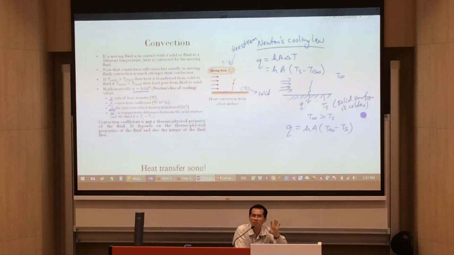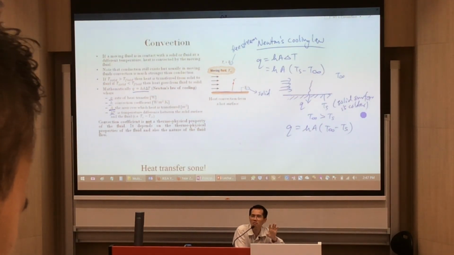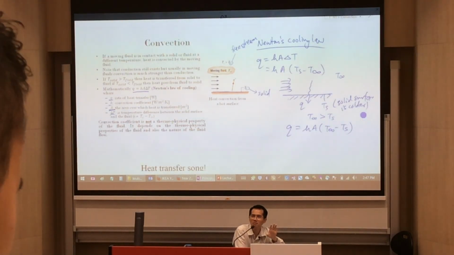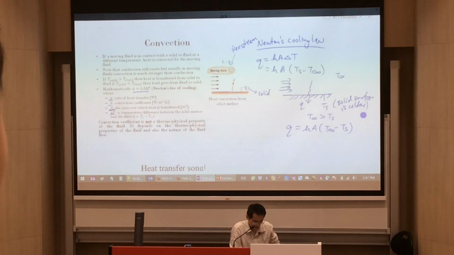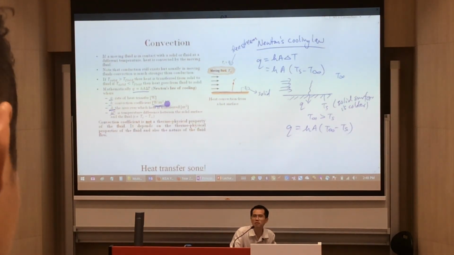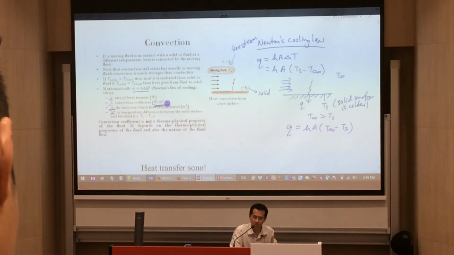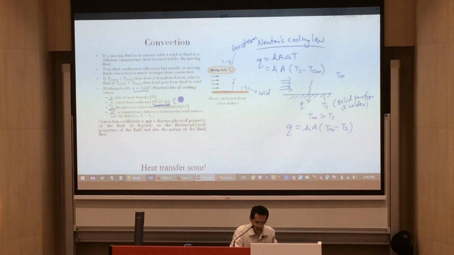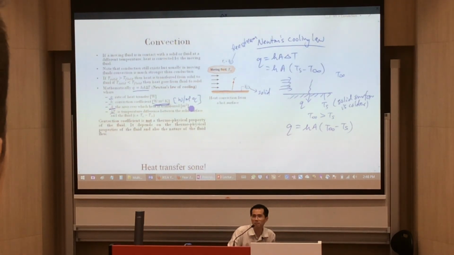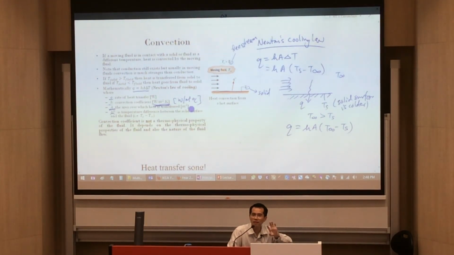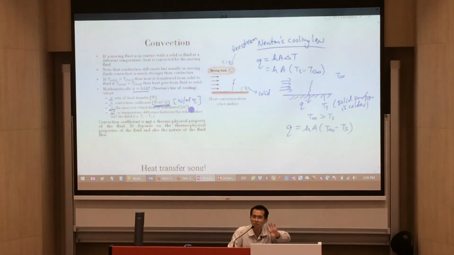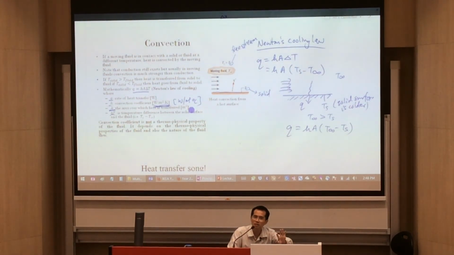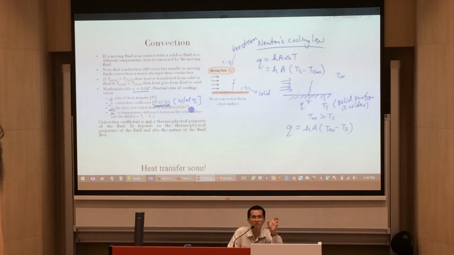How about what's the unit for H? The unit for H is given over here. Watts per meter squared Kelvin. It can be watts per meter squared degree Celsius as well. The Kelvin or degree Celsius in the denominator does not change that physical value.